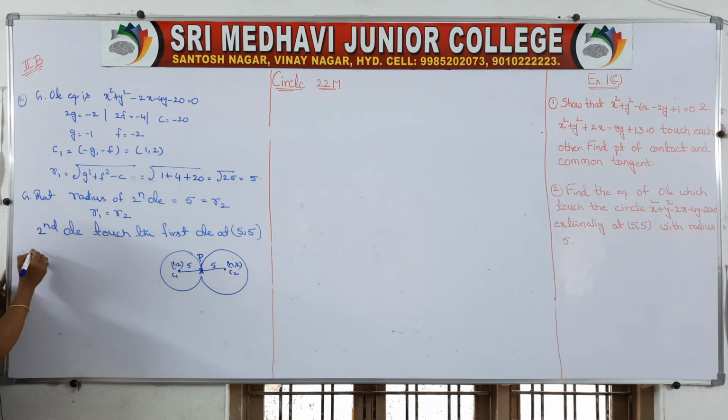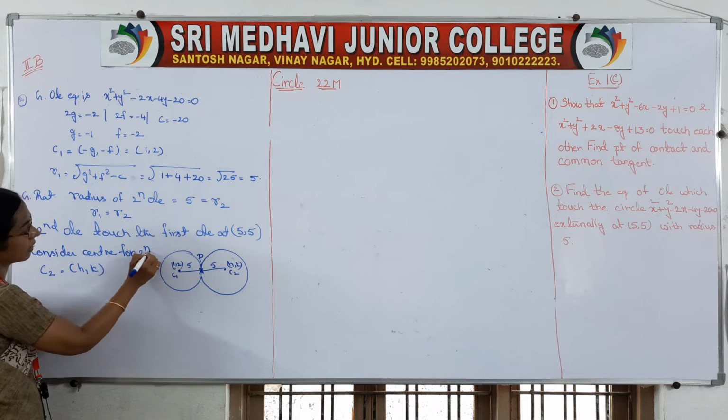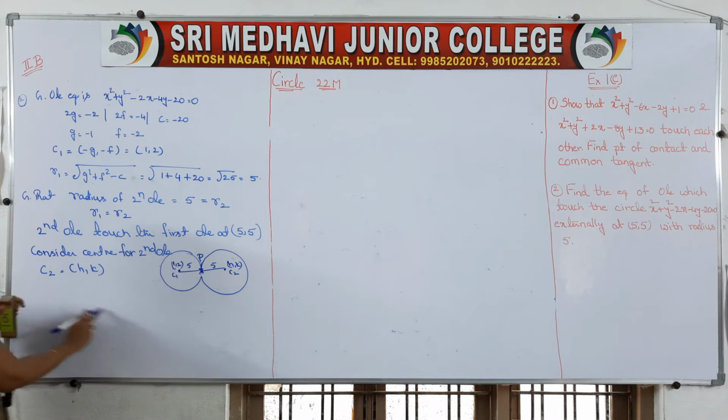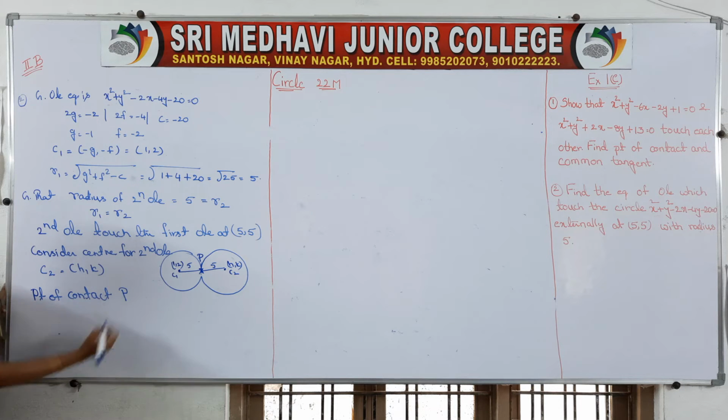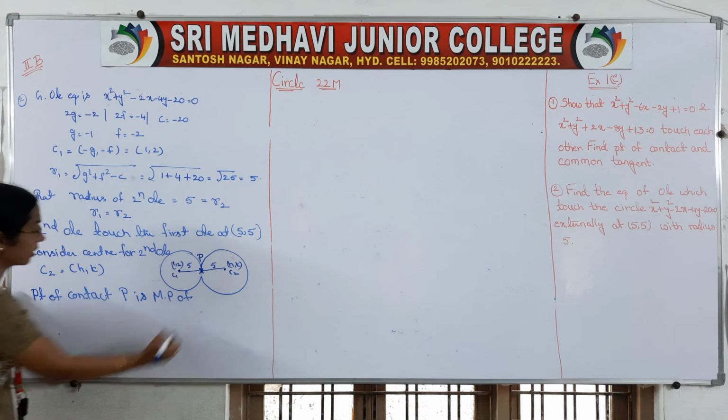So, consider the center of the second circle as C2 is equal to (h, k). Then what happens? The point of contact. What is that point of contact? P is the midpoint of what?